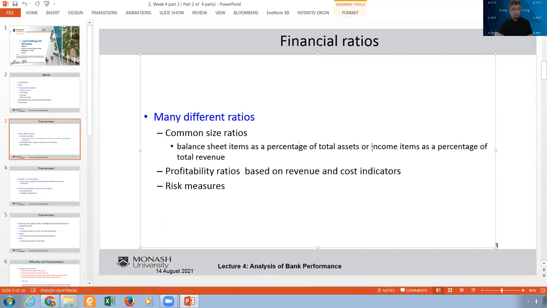Also, when we talk about the income common size, we can talk about the income item as a percentage of total revenues, like net income over revenues, which is the net margin, or the gross margin, which is the gross profit over the net revenue. So all of these, either inside the income statement or the balance sheet, are what we call common size ratios.